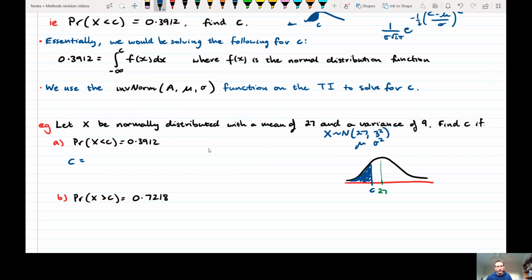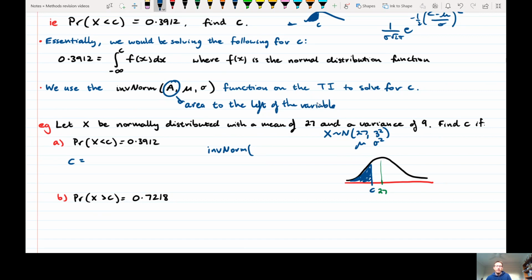So the way I do that is I use the inv-norm option on my calculator. Now, the A in this option here, that is area under the function, but it's to the left of the variable. In this case, we're dealing with less than, so that is okay.